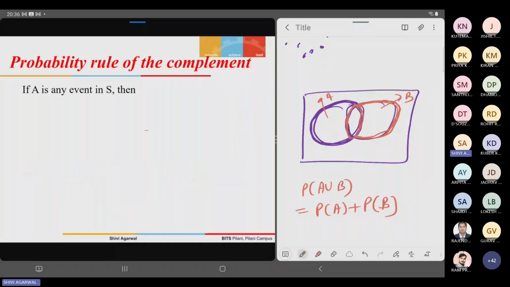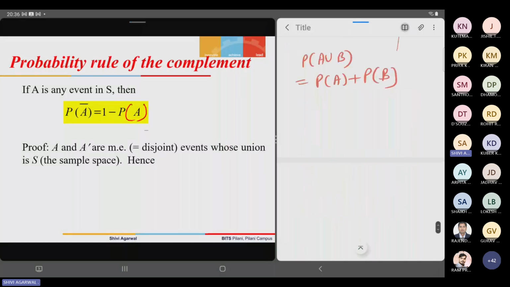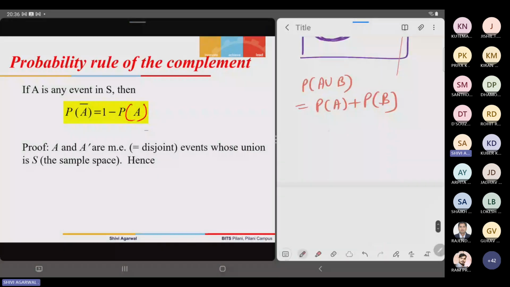Now the probability rule for complement, I have already mentioned: probability of A complement is always equal to 1 minus probability of A. Here the same concept we are applying. This is A, and this is the complete A complement.